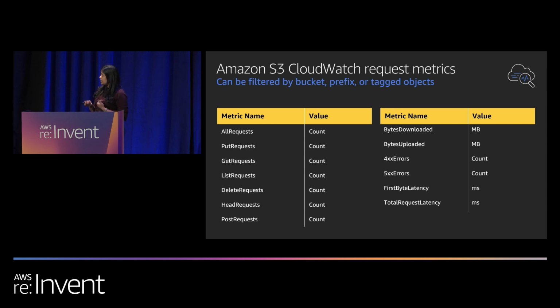You have HTTP error counts by categories as well. And you have request latencies. These metrics are available at 1-minute intervals, and you can apply filters like object prefix and tags. You can use these filters to align your metrics to specific business workflows or applications or teams in your organization.